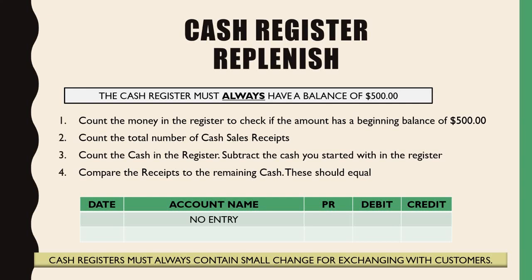You don't need to replenish the petty cash fund for any reason except for exchanging to smaller bills. But at the end of the day, it's going to be the same amount that you originally established your cash register for. So if I had $500, the next day I need to start out with another $500 at all times. And whatever money is extra is going to go straight to the bank account. Okay?